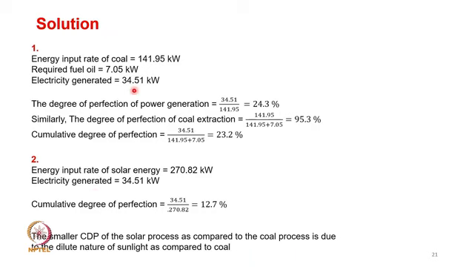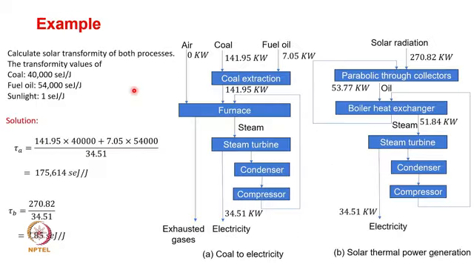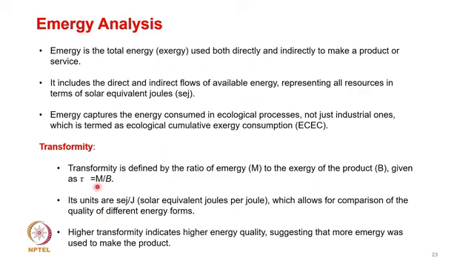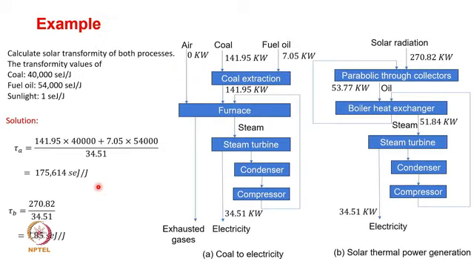So, the value that you have already computed, which is 334.51, is the electricity generated value. When you compute the ratio of that, what we are going to get is the transformative factor, which is tau, the ratio of M by B.